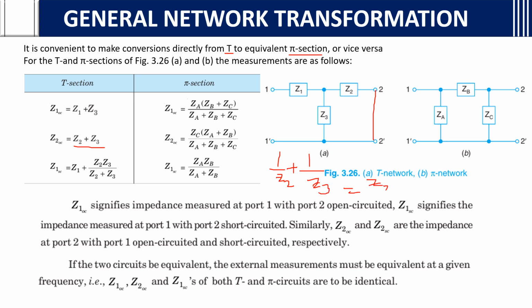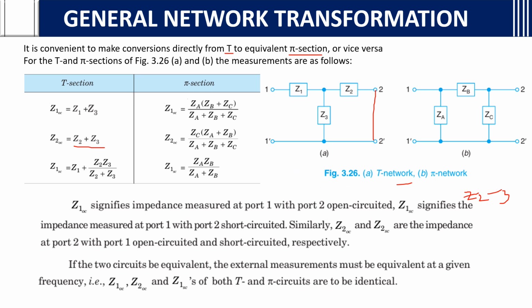Z2 plus Z3 by Z2 Z3. As I told initially, we will get 1 by Z equivalent here. To get Z equivalent, we need to reverse. So when you reverse, you will get Z2 Z3 by Z2 plus Z3.